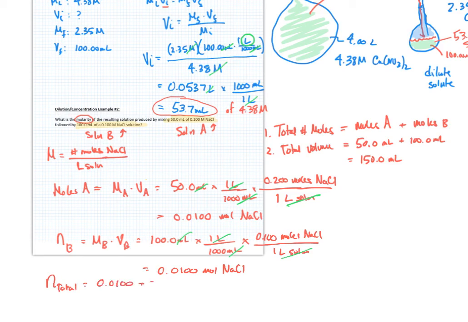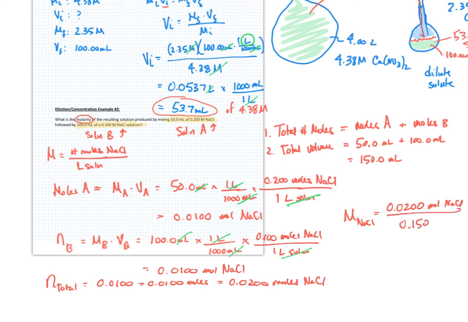So my total number of moles is equal to 0.0100 plus 0.0100 moles, or in other words, 0.0200 moles NaCl. So the molarity of this new resulting solution, by pouring these two things together, is the total number of moles, 0.0200 moles NaCl, divided by the total volume, 0.1500 liters.